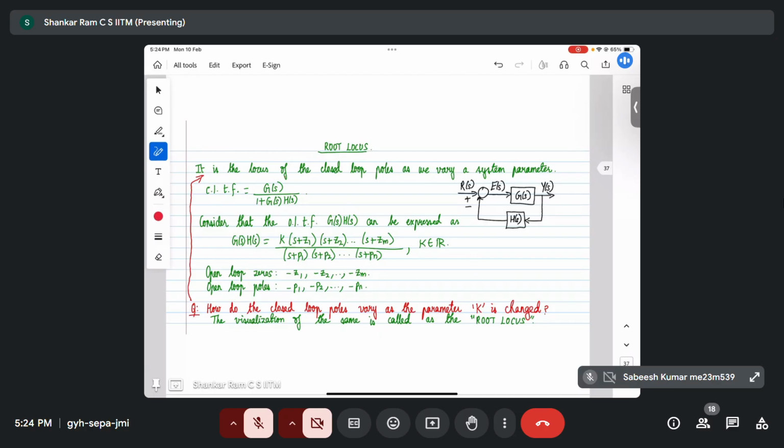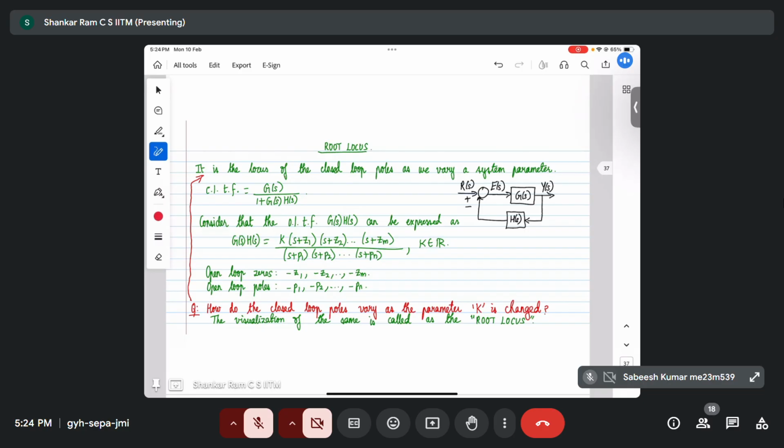In that same folder, there is a PDF file called root locus construction.pdf. I hope that is visible and accessible. Yes, sir, we received it. Please go through that file today. I think this is the correct time to start going through that file. I will explain what root locus is, and then we will start going through the steps from the next class.